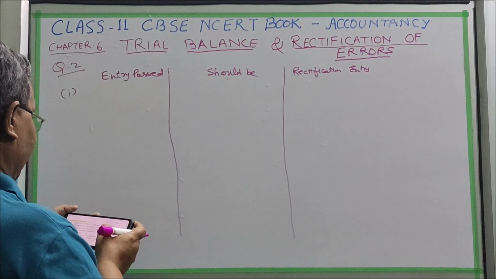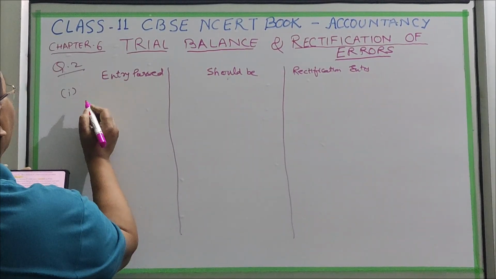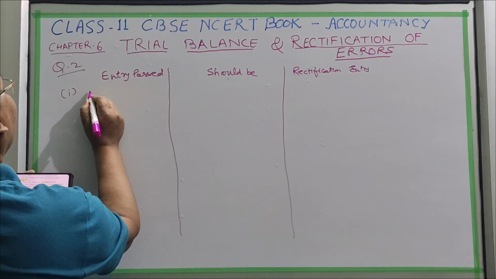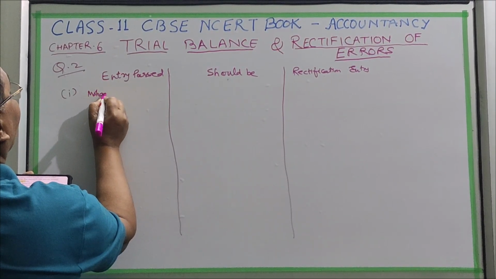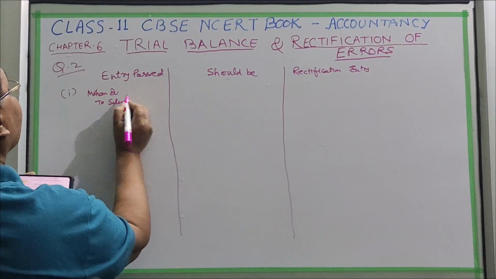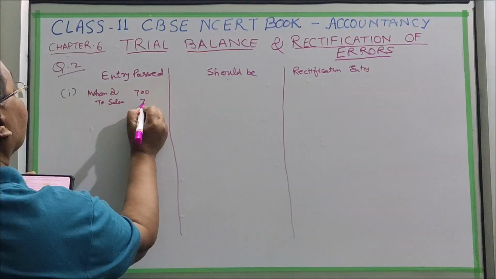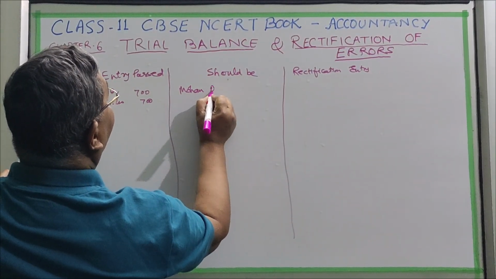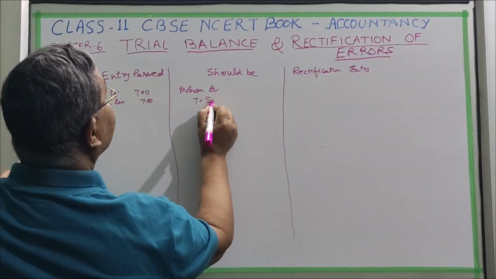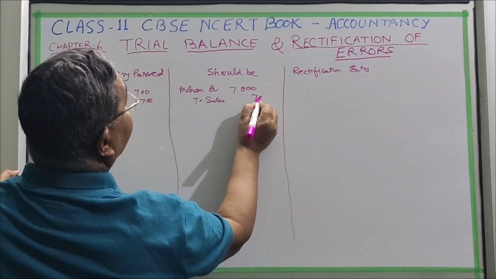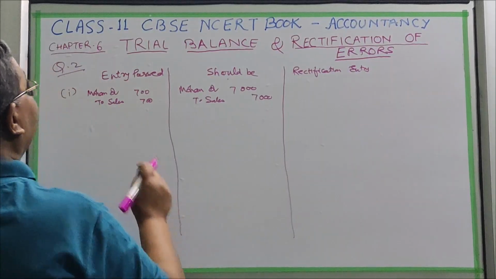Here it is recorded. Credit sales to Mohan is recorded. So what happened? You have made entry Mohan debit to sales 700. It should be Mohan debit to sales 7,000. So what should be the rectification?